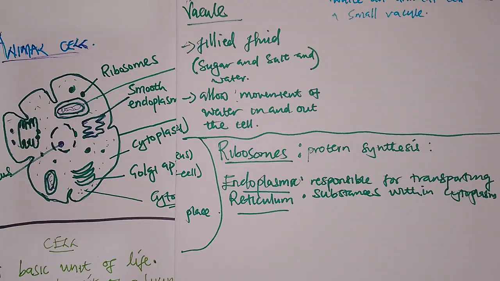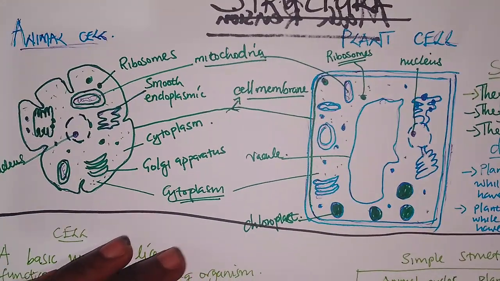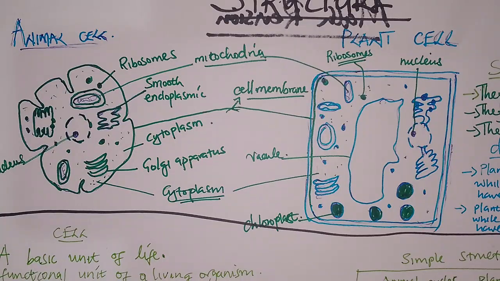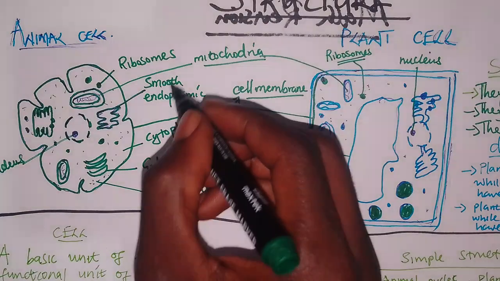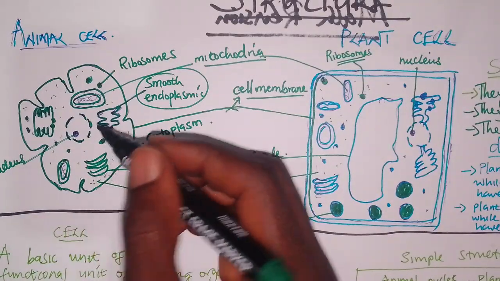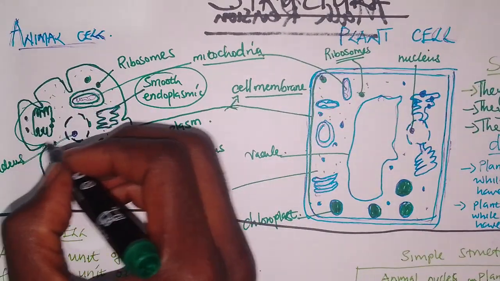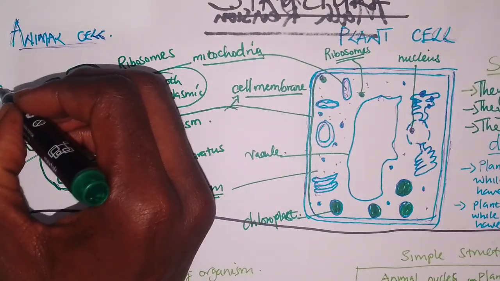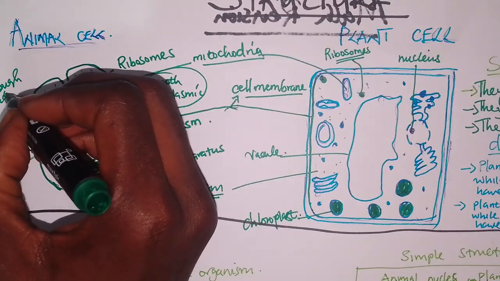Yeah. So when we go back to our diagram, we can see that we have two things which are known as endoplasmic reticulum. We have the first one here, which is known as the smooth endoplasmic reticulum. Then we also have this one, which is known as the rough endoplasmic reticulum.